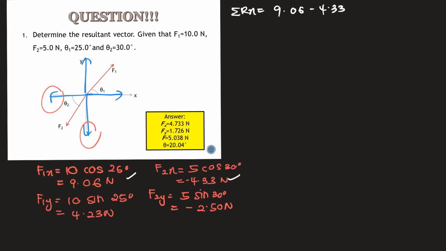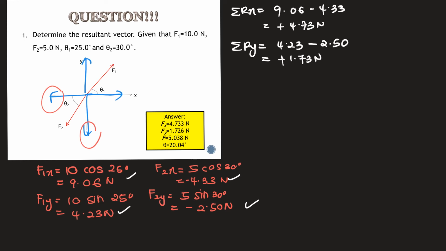We're going to get positive 4.73 newtons. Then do the same thing for the y component, Ry, which is this one and this one: 4.23 minus 2.50. You're going to get positive 1.73 newtons.